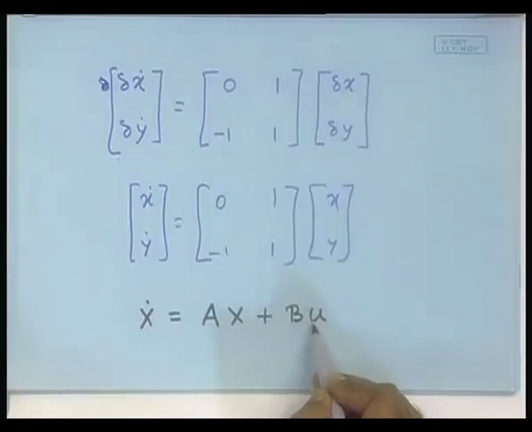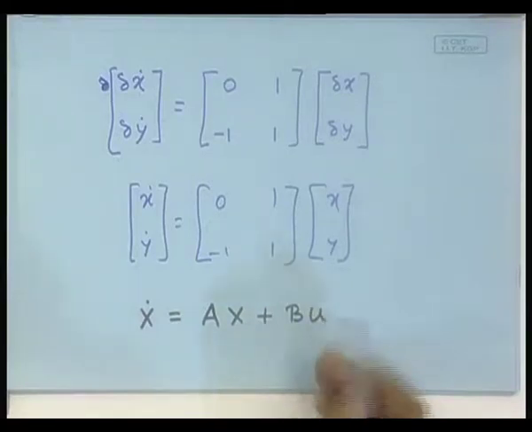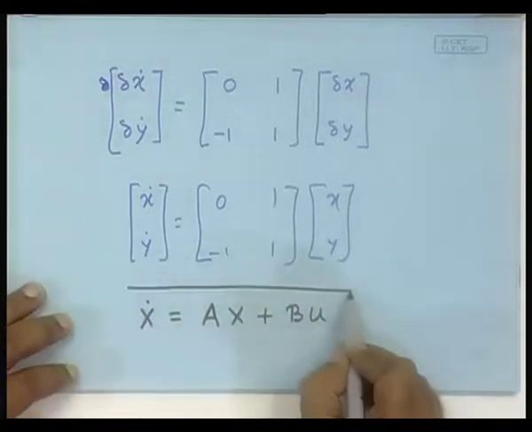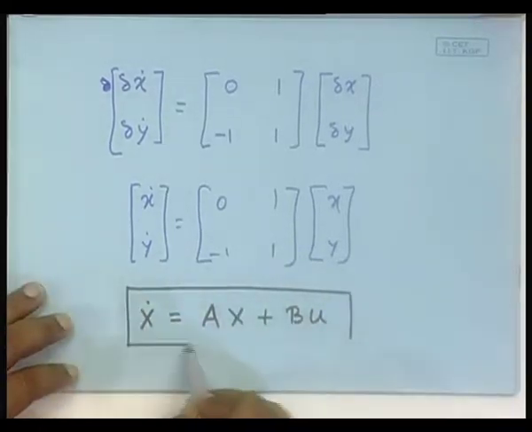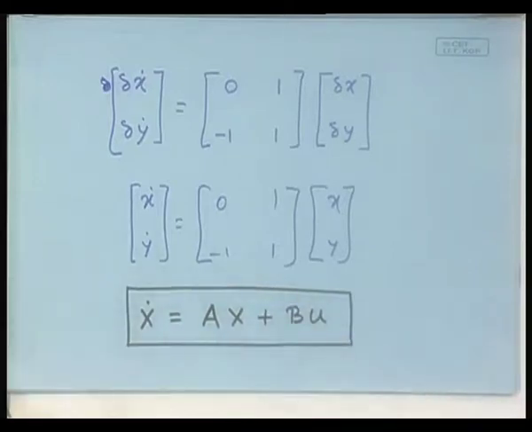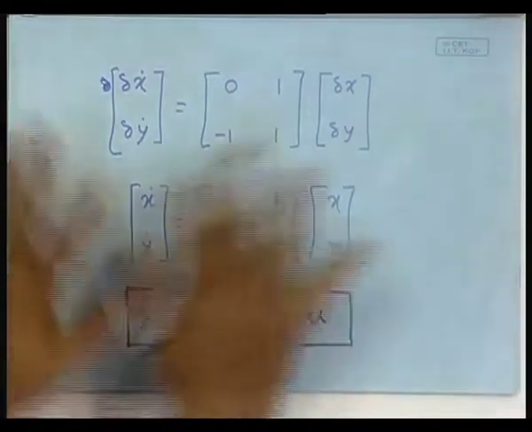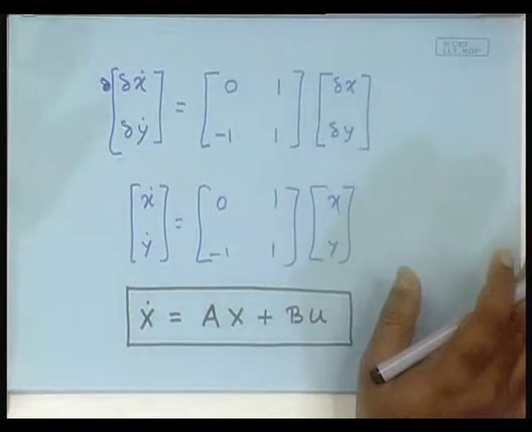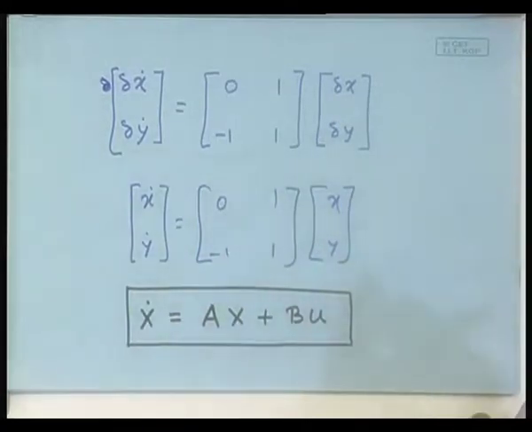If an electrical circuit has a sinusoidal input or a square wave input, then this is representing that, and how it is related to the rest of the system is represented by the matrix B. Clear? So, this would normally be the local linear representation of a generally nonlinear system.